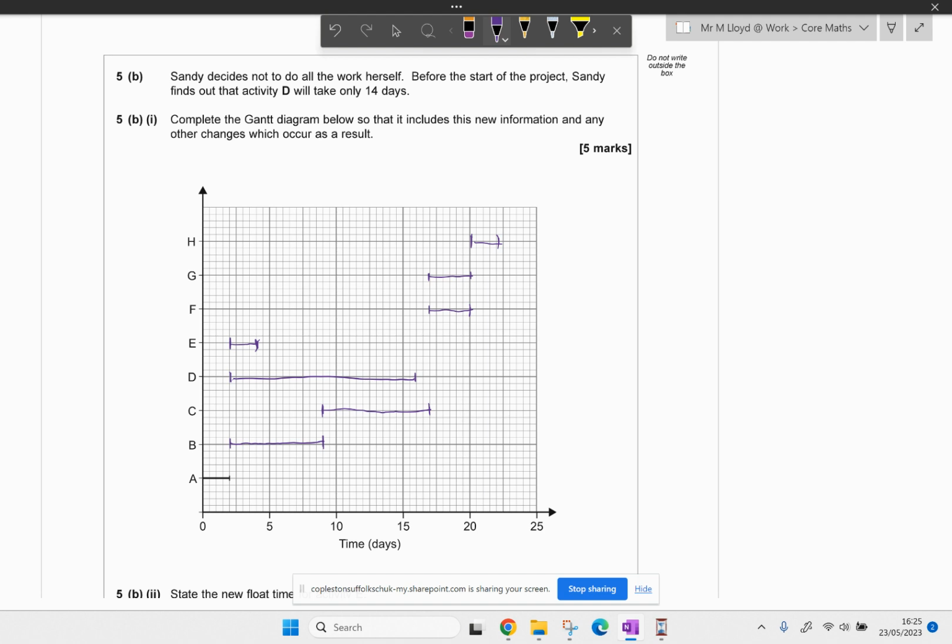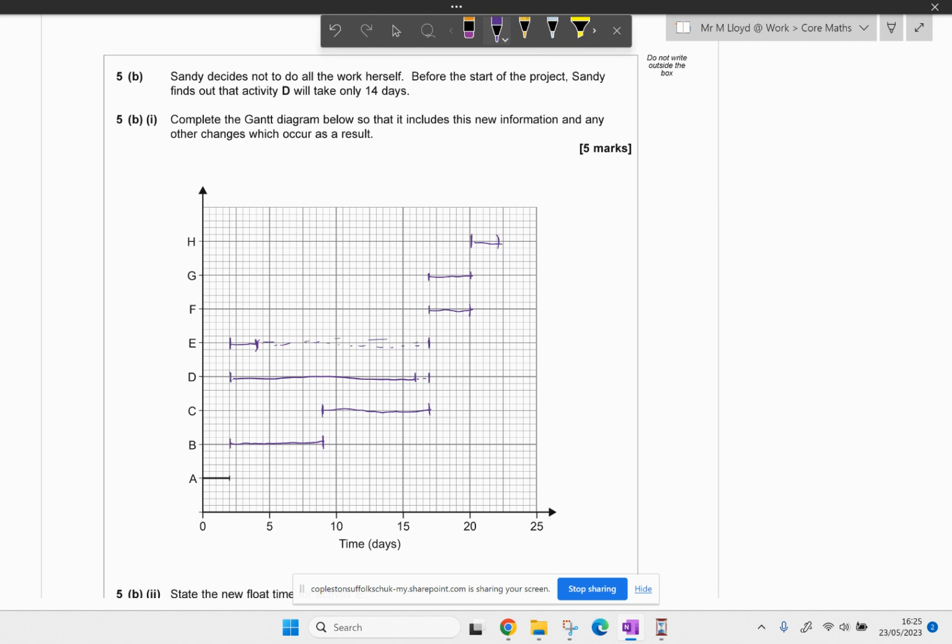D will have. D needs to be finished and can float up to the end of C because it has to happen before F. And then E is going to happen before G. So in line with G, we're going to match that up there. And that is a massive float. There we go. Lovely. Happy with that.